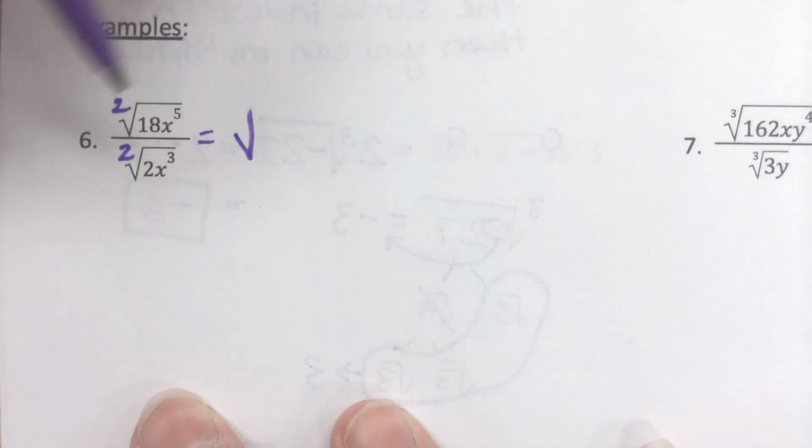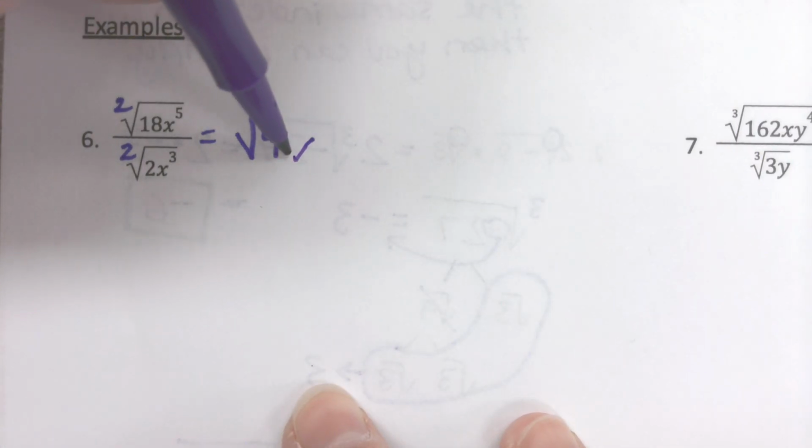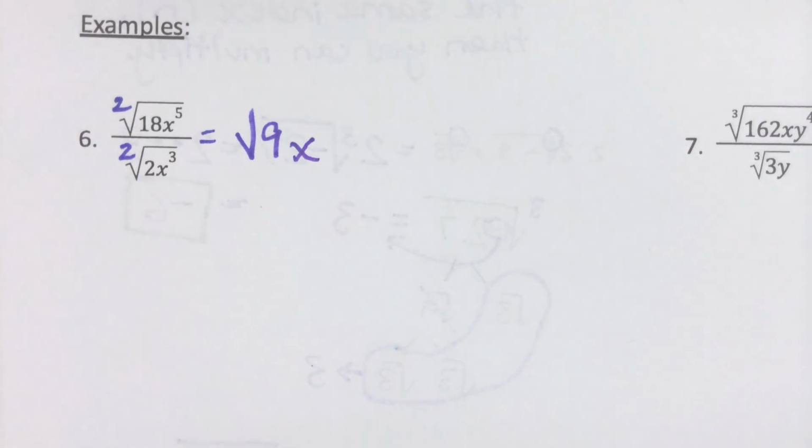First, we have 18 divided by 2, that's 9. X to the 5th divided by x cubed. What is that going to be? How many x's?